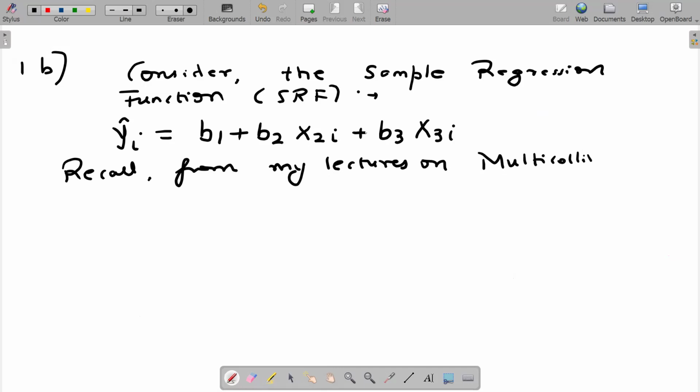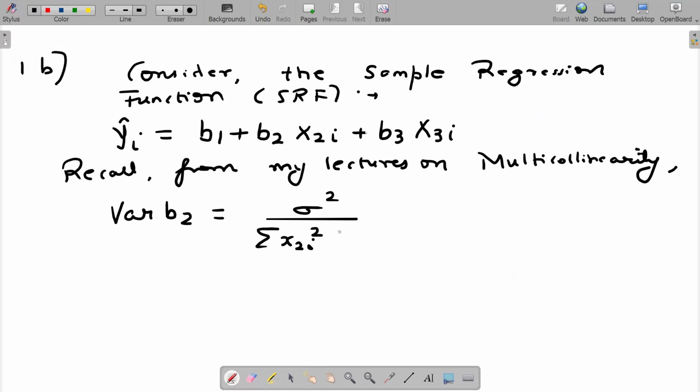Recall from my lectures on multicollinearity that the variance of B2 formula was sigma square over summation small x2i square times 1 minus r2 square.